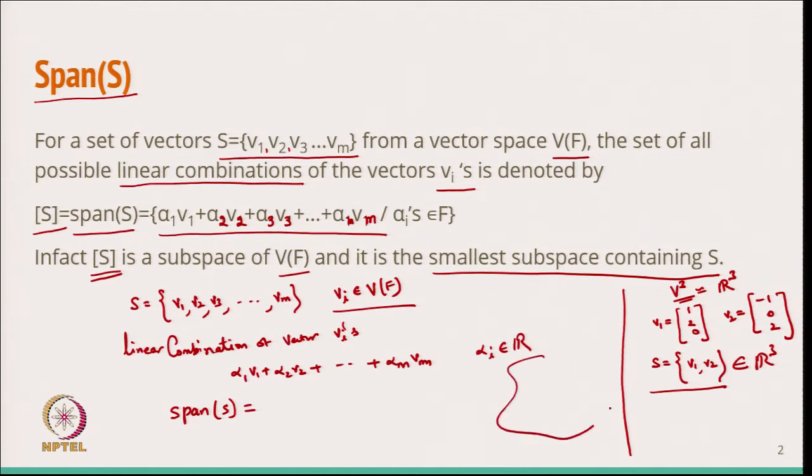Maybe I can show it by a figure. Let V be any vector space, and out of this I take a set S. So, this is my set S. Now I take all the linear combinations and wherever they fall, this set will contain all the linear combinations, and I represent that set by the close bracket with the S, and I call this a set made up of all the linear combinations of these vectors.